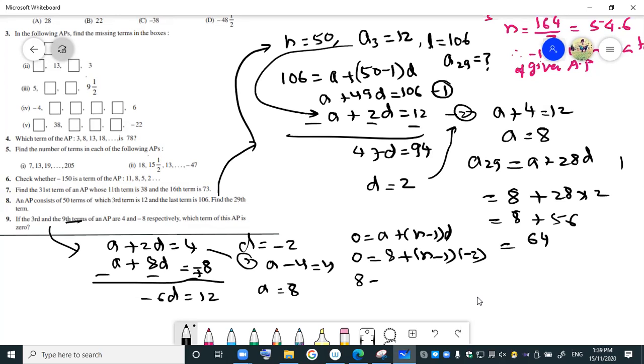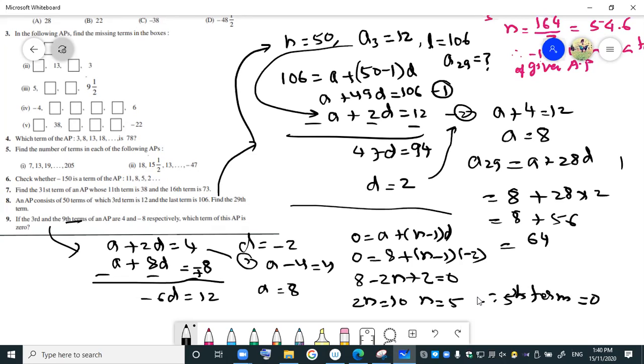So 8 minus 2n plus 2 is equal to 0. So 2n is equal to 10, n is equal to 5. So the fifth term will be 0. Therefore, the fifth term of this AP will be equal to 0.